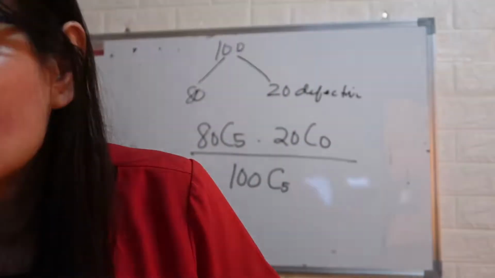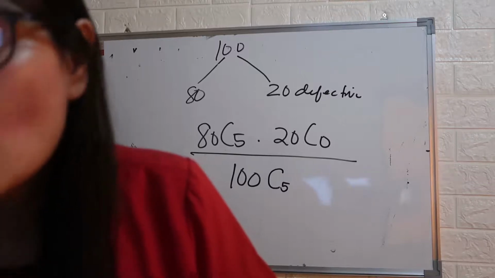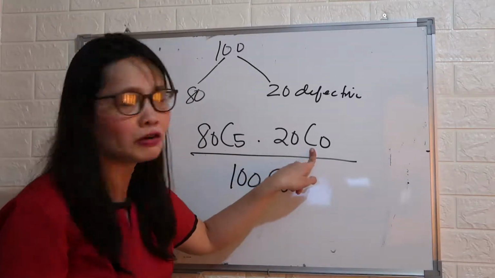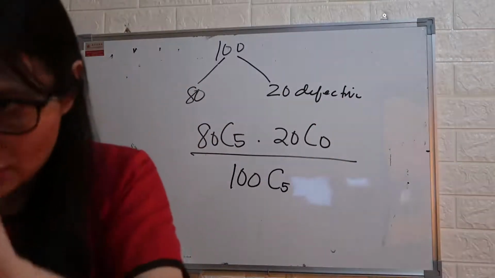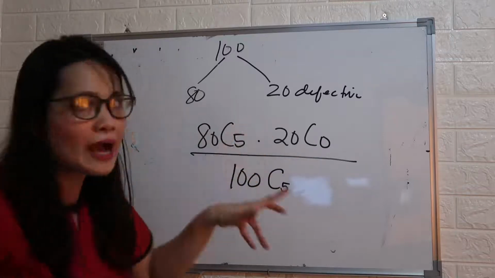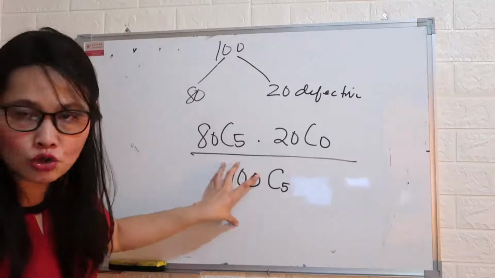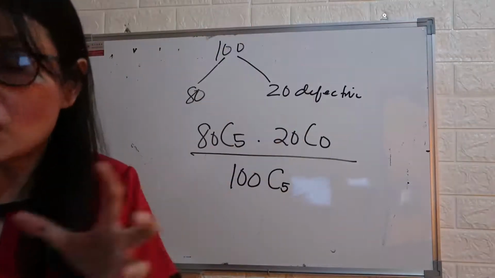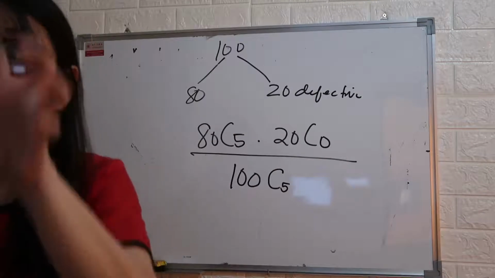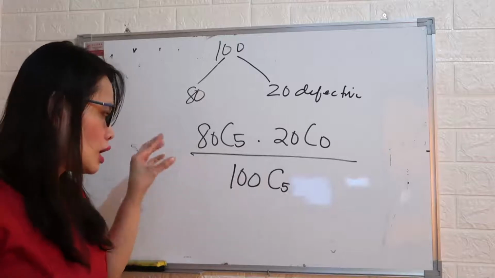For the defective, 20 taken 0 means you will not choose anything from the 20 defective. All over, how many light bulbs in total? 100, regardless of whether defective or not. From those 100 total light bulbs, we need to select 5. So that will be 100 taken 5.